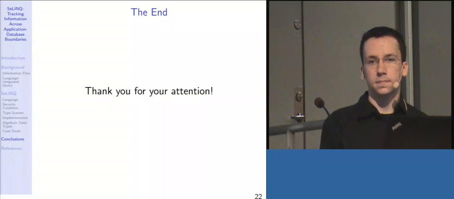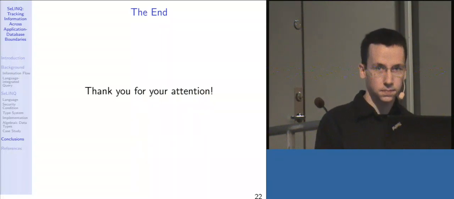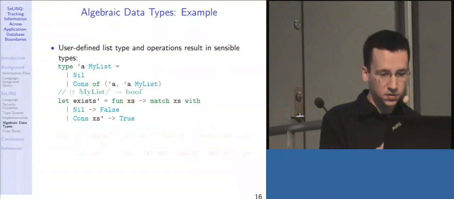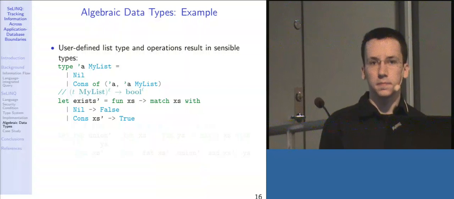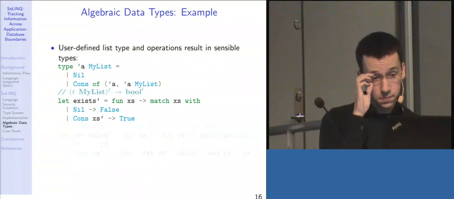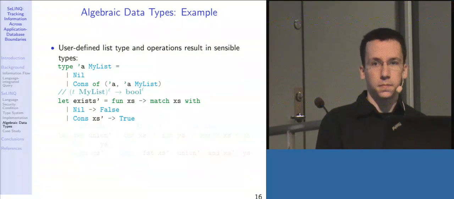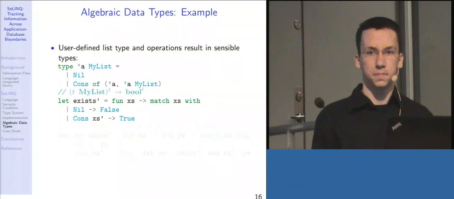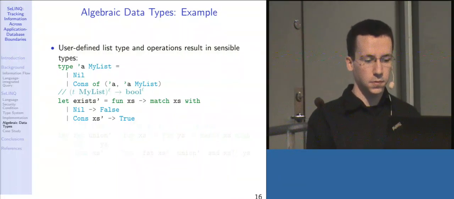Alexei Romanov, Huawei. If you could turn back to the slide with the exists function. Its type seems to say that the level of the result only depends on the list itself, not on the level of its elements.